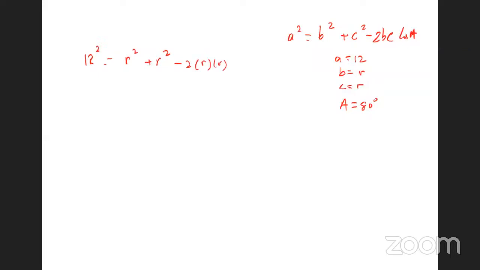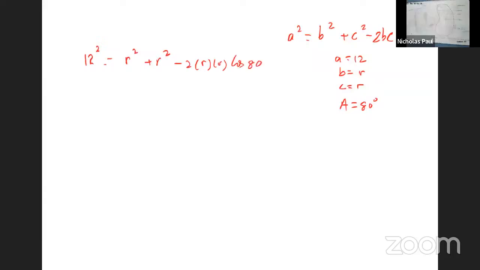Huh? No, we're not done trying to make R the subject of the formula. You've got to simplify it. R squared plus R squared is 2R squared, correct? Minus 2R squared cos 80. Go to your calculator. How much is cos 80? Cos 80 is how much?